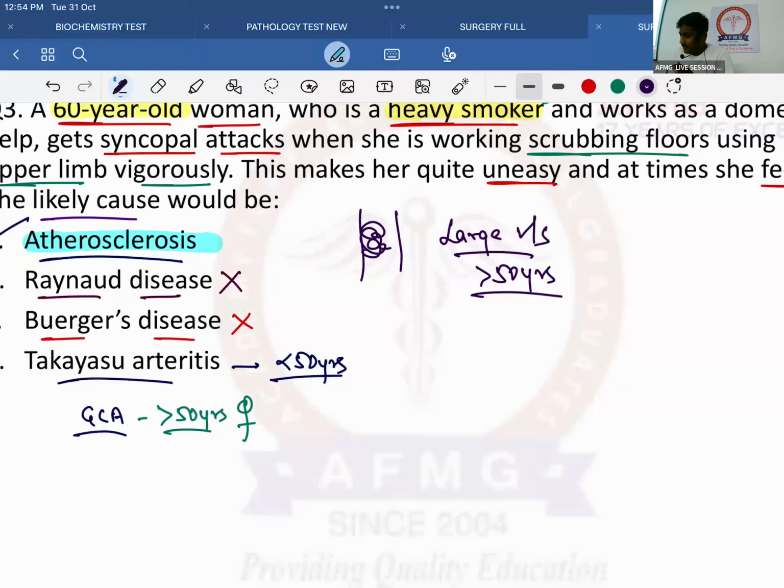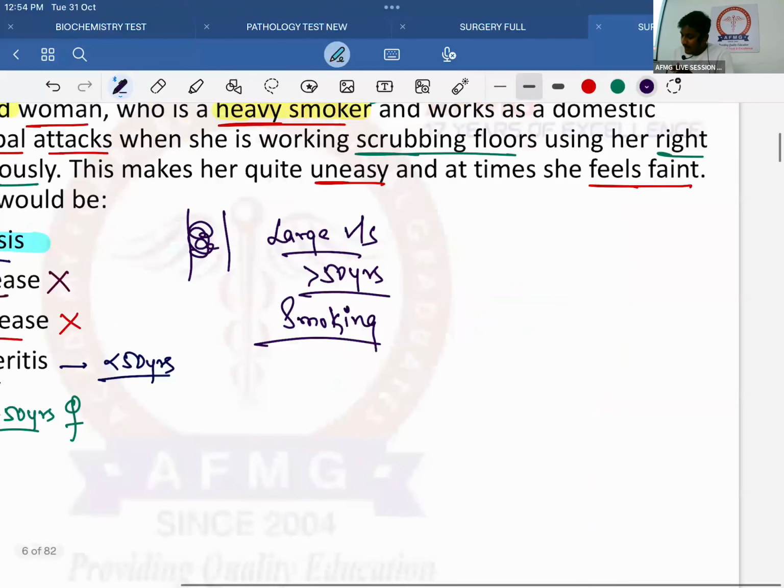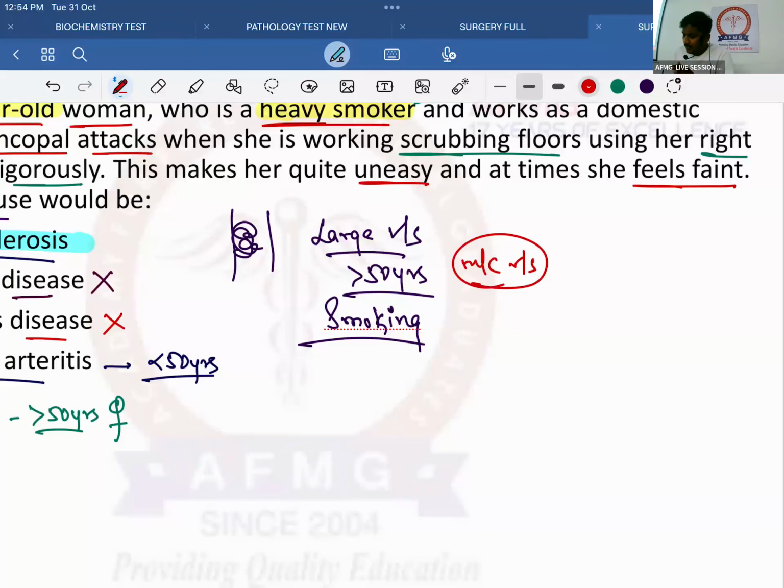Most important risk factor is smoking. Most common vessel which is affected, it is the aorta. Mainly it is the abdominal aorta, but it can be any part of the aorta as well. Okay? Followed by coronary artery, followed by the most common peripheral vessel.